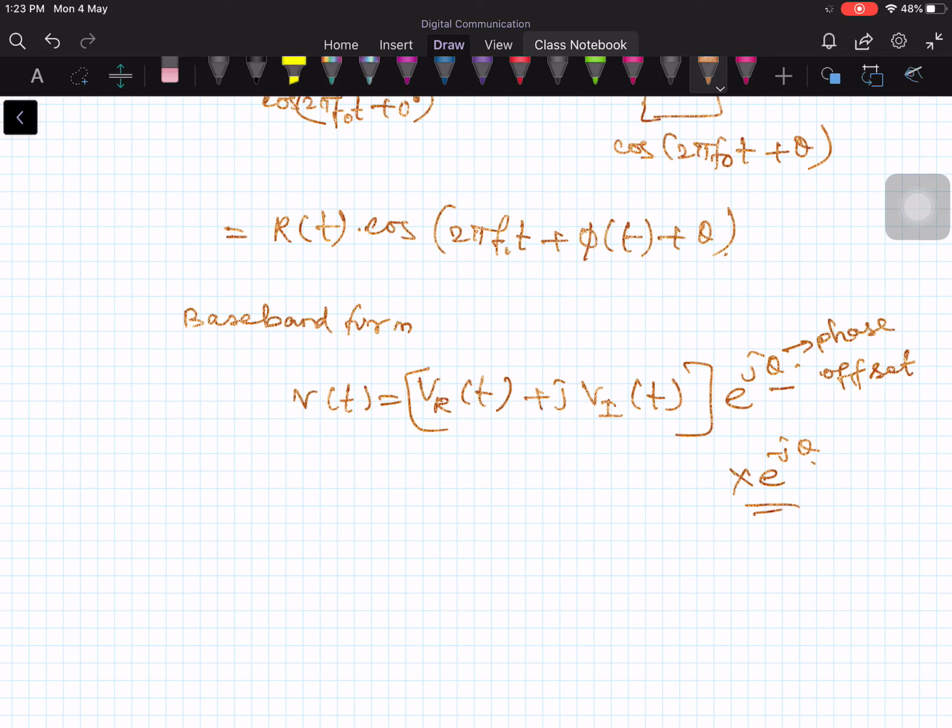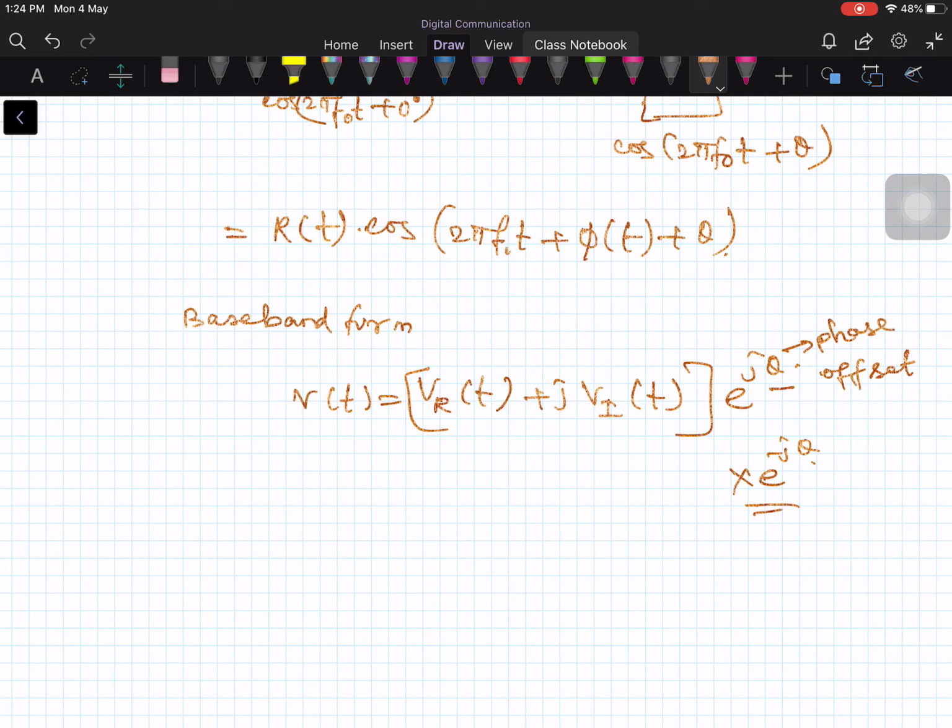Of course in real life you will never be able to do this estimation perfectly. Even your carrier recovery circuit will be affected by noise, so it will not be able to do a perfect estimation of the actual phase. But for our analysis, for our discussion, we will assume that the carrier is perfectly estimated. In practice there will be some phase left over, and it will affect the performance of our system.